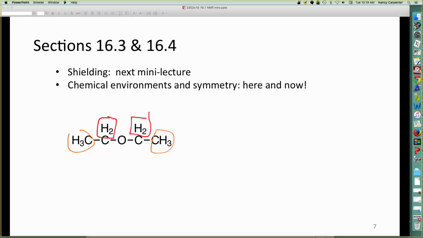So it would appear that I have H sub A and H sub B in this particular molecule, and in fact my proton NMR spectrum of diethyl ether is going to consist of two sets of signals. Those signals having to do with H sub A and those signals having to do with H sub B.